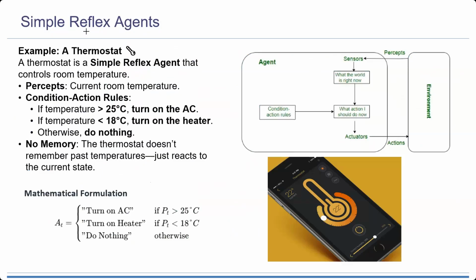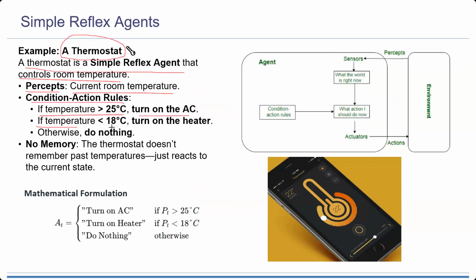The simple example for this one is a thermostat. In some buildings, in smart cities, they have this automatic thermostat. A thermostat is a simple reflex agent that controls the room temperature. The percept is the current room temperature. The condition-action rules: if the temperature is higher than 25 degrees Celsius, turn on the AC.